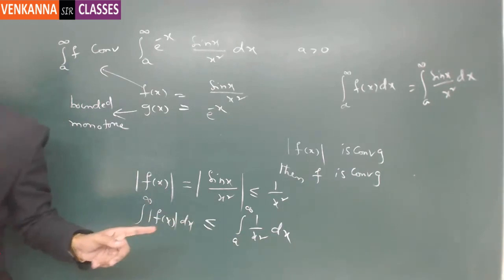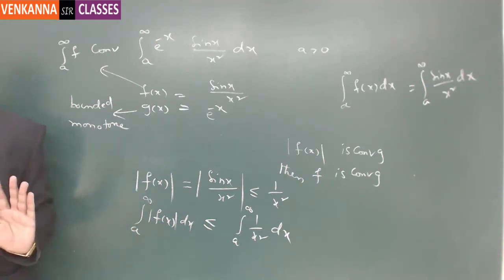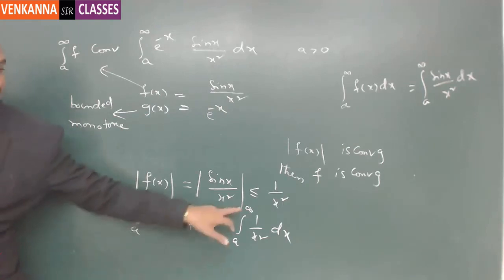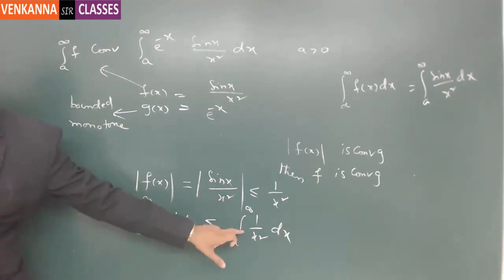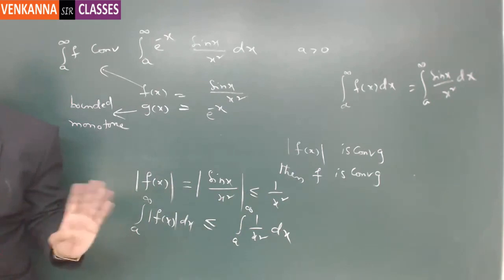Please understand that whenever you are using a comparison integral, on finite interval, power must be less than 1. On infinite interval, power must be greater than 1. So this is the infinite interval. The power is greater than 1. So this is convergent. Therefore, by comparison test, please understand, we are not calculating any limit here.